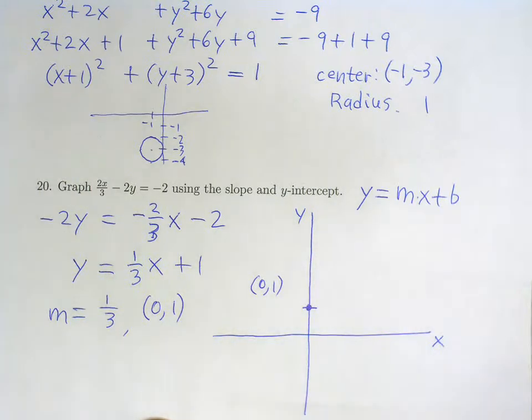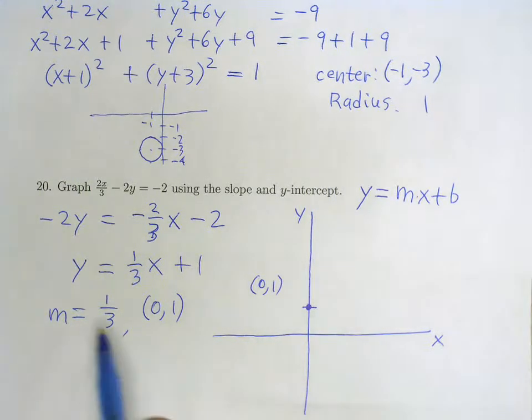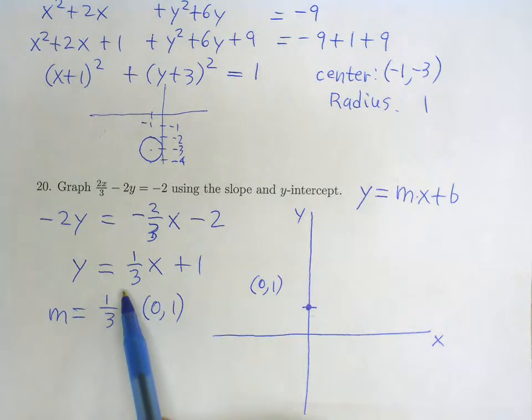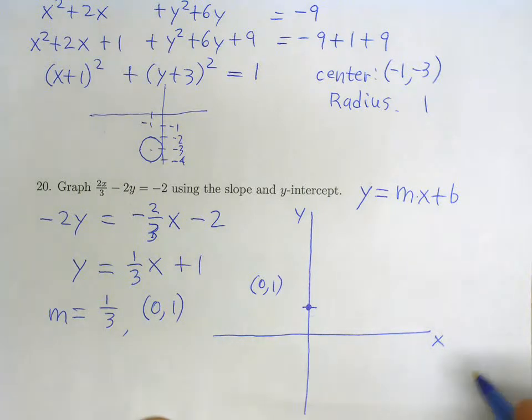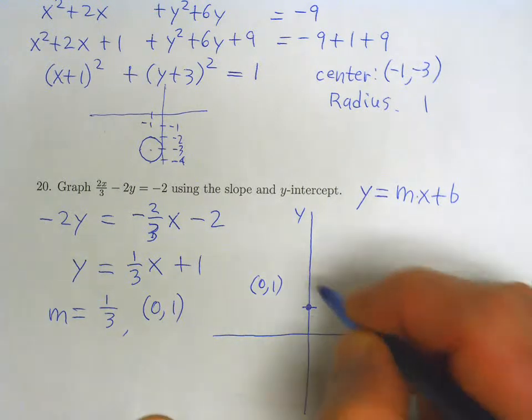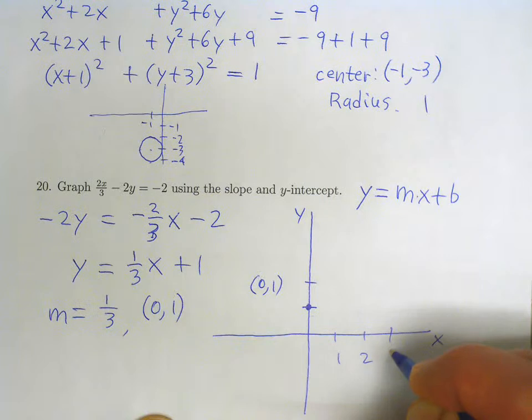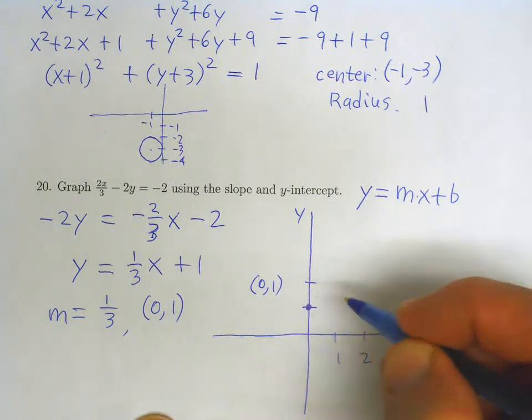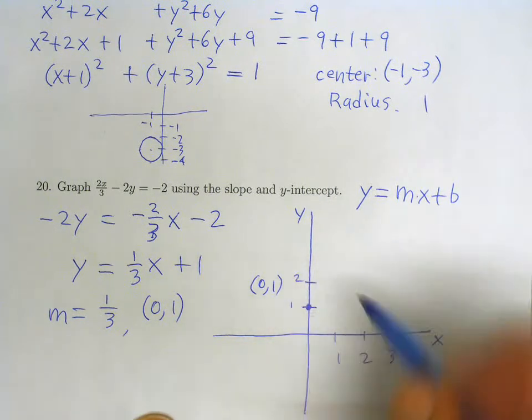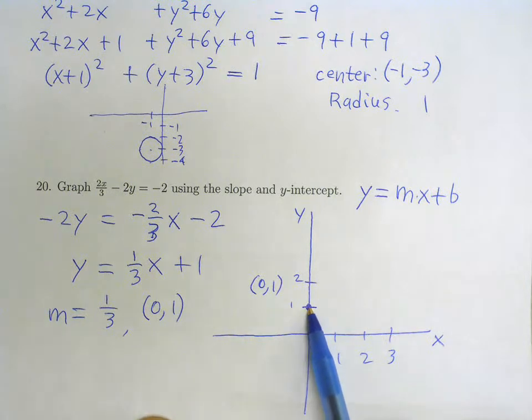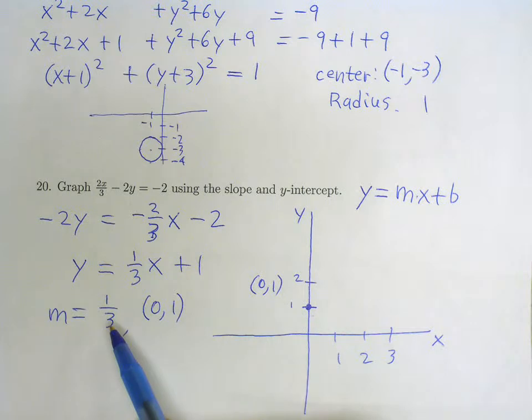It's right there. And then from this point, we can use slope, which is defined as rise over run, to find a second point. Okay, so from this point, which is the y-intercept, I'm going to rise 1.